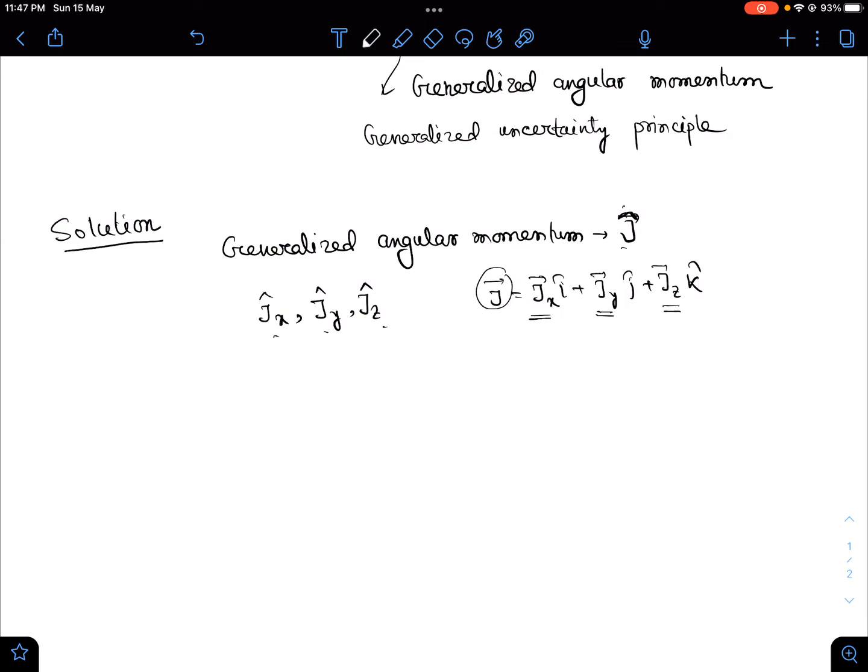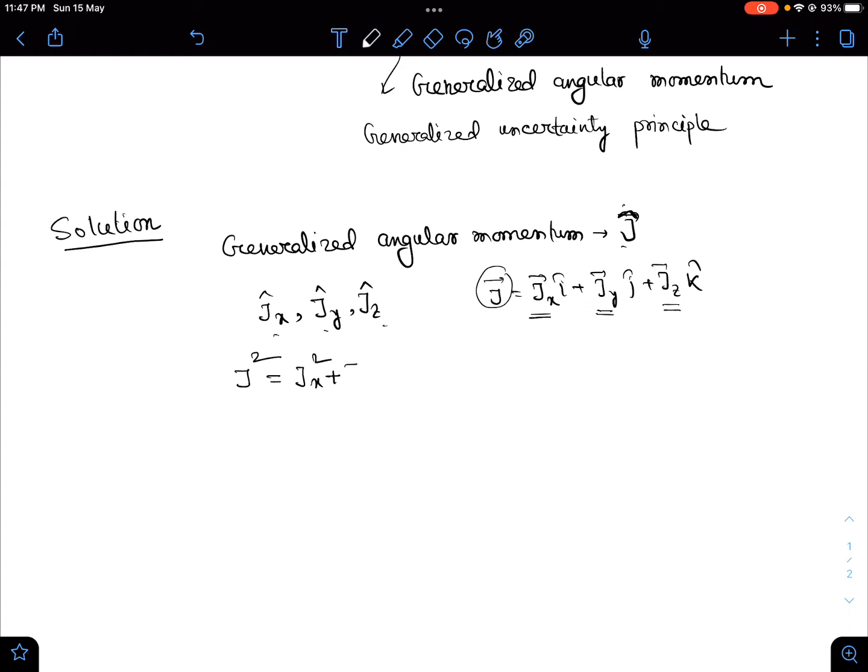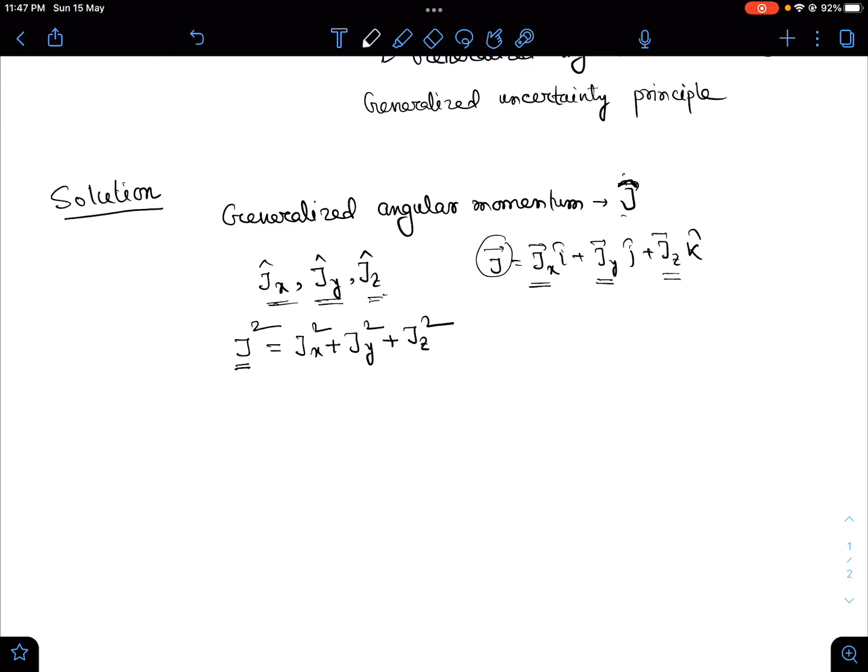We define the square of this generalized angular momentum: J square is Jx square plus Jy square plus Jz square. As J square is a scalar, it will commute with all of these. So let us check. First of all, let us introduce the commutation relations between the components of angular momentum.